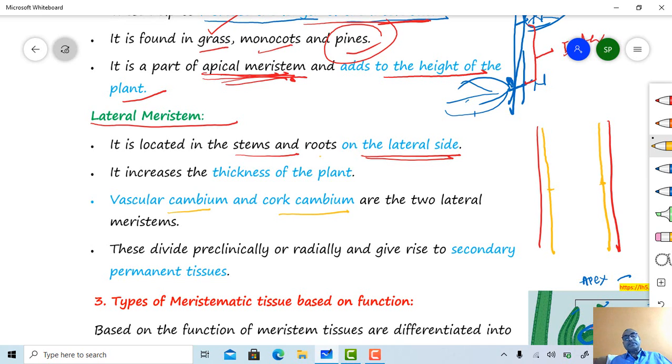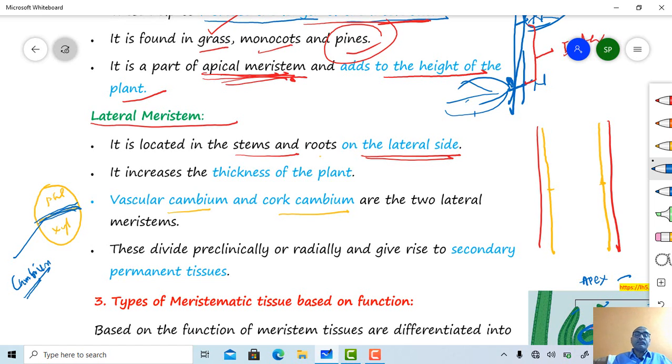We will later see what the vascular cambium and cork cambium are, but vascular cambium is generally present within a vascular bundle. Suppose this one is a phloem, this one is a xylem. This xylem and phloem are separated by a zone of meristematic tissue, which is a lateral meristem, called the cambium.